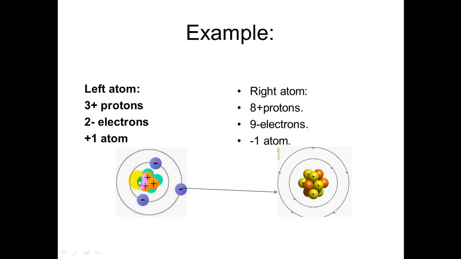The charge is positive 1, because there are more protons than electrons. 3 is bigger than 2. But the right atom has 8 protons, and it gained 1 electron, so it gained a minus 1 charge, so the atom now has a minus 1 charge.